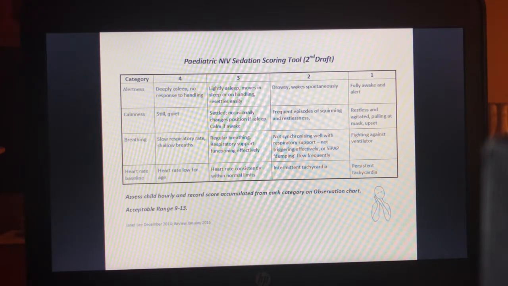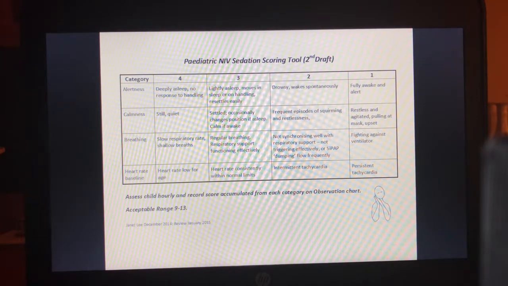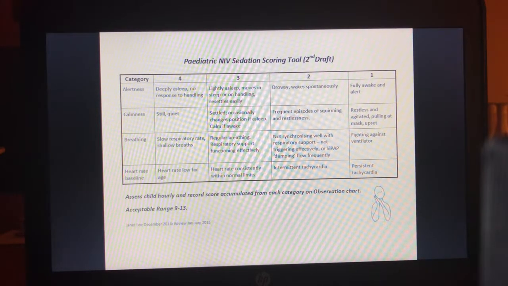The reason she did that is because the existing sedation scoring tools devised in PICU really required waking up children to see how sedated they are, which is fine if you're just using sedation for a procedure and you want to, for a short time, keep waking them up to make sure they're okay.